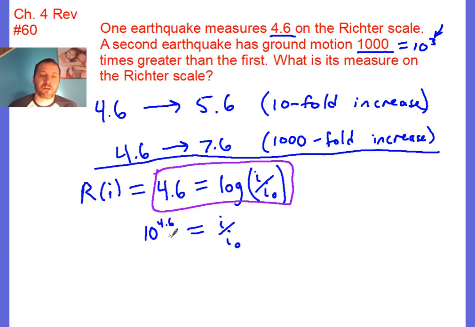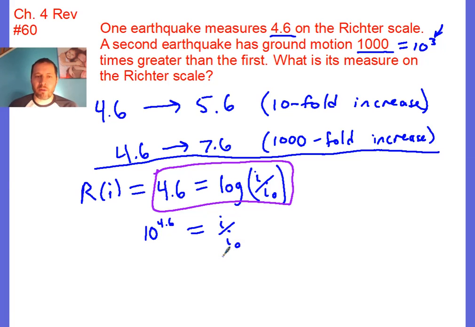You could plug that into a calculator, 10 to the 4.6 power. It's going to be somewhere between 10,000 and 100,000. I'm guessing it'll be probably like 40 to 50,000, somewhere in there. I'm not sure. You could try it on a calculator and see. I'm just going to leave it in this form, though, because this is convenient enough for us.